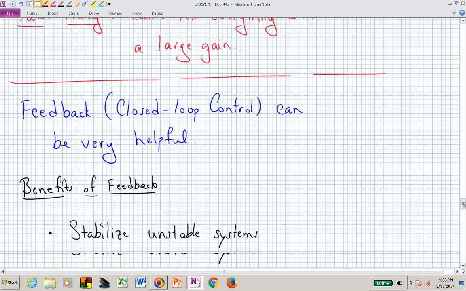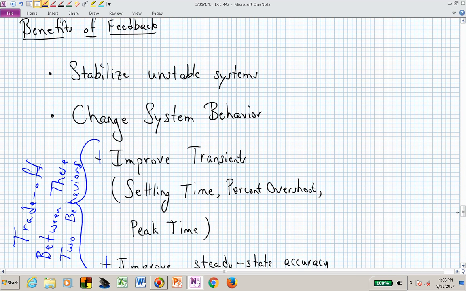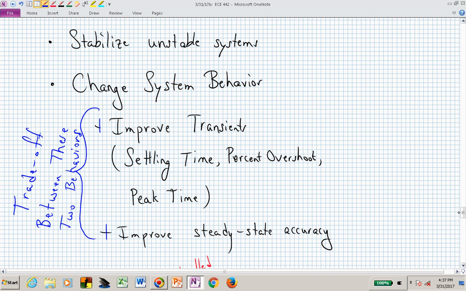But what we can draw from this discussion so far is that there are some benefits to feedback. One is we can stabilize unstable systems. Remember, we have the Segway or the bicycle. We can stabilize those with controller design. We can change the system behavior.